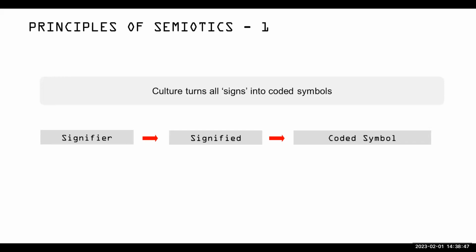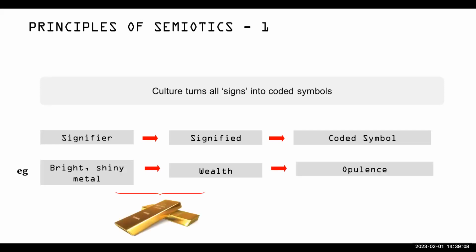The signified is all the meanings that every culture has built upon the apple or the element, and that becomes the coded symbol. So culture turns all signs into coded symbols, and these coded symbols are what we are trying to decode when we use them for our own brands.